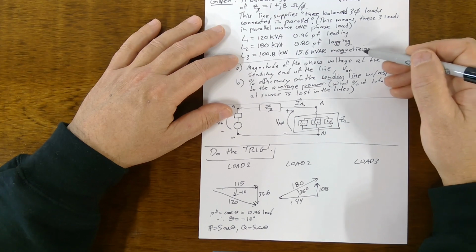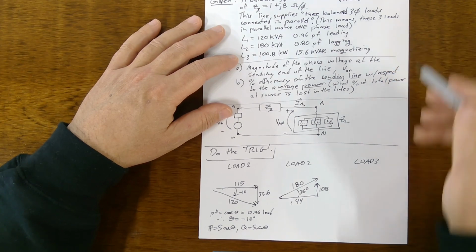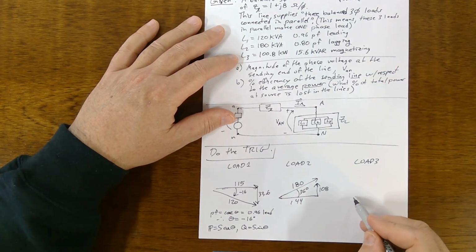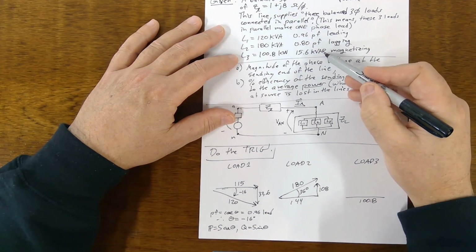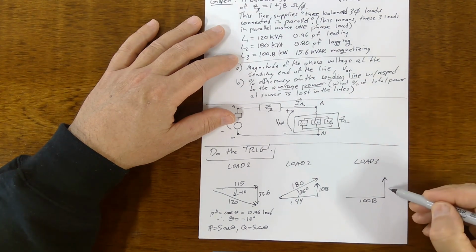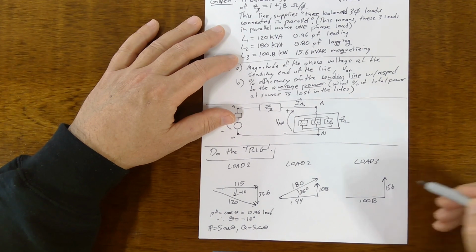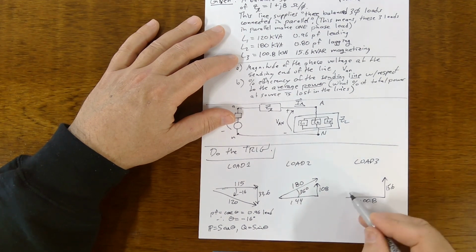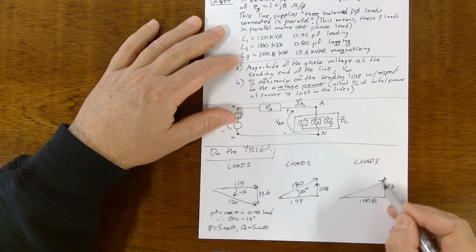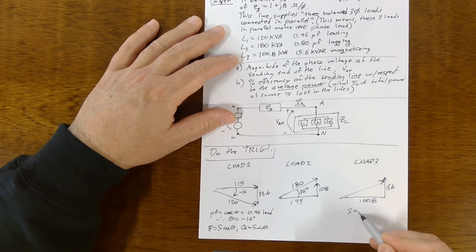Okay, then this one here, they're telling you it's magnetizing VARs, so that's a positive phase angle, and they've given you the P component, and they've given you the VAR, which is the Q component. With Pythagoras, you could figure S. S is root P squared plus Q squared.